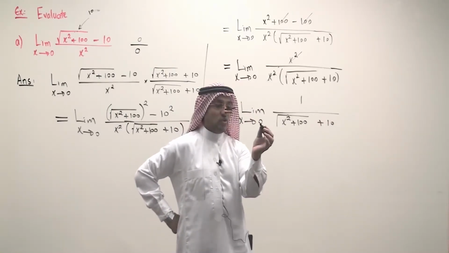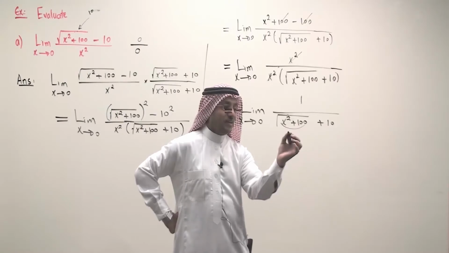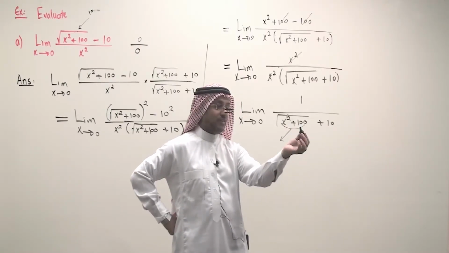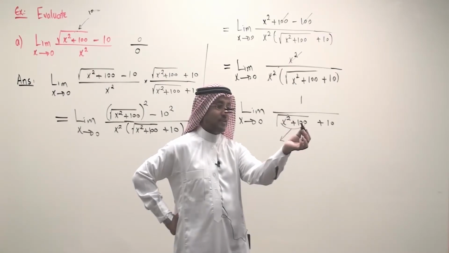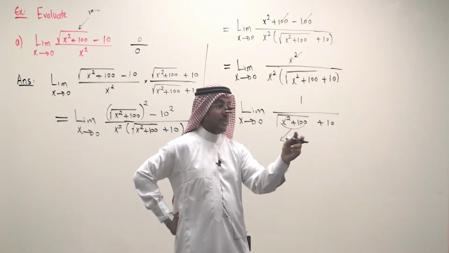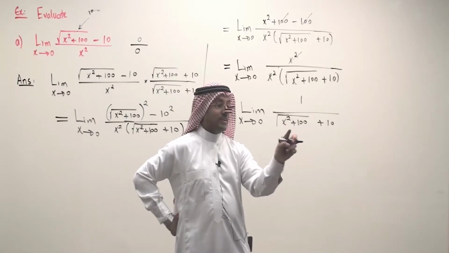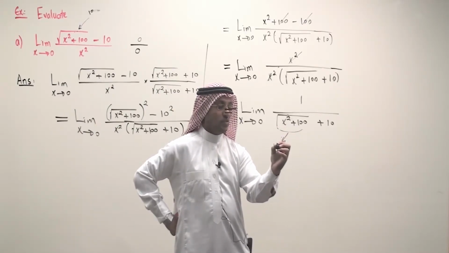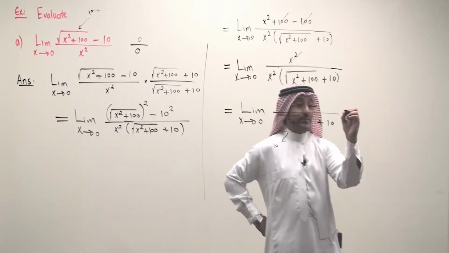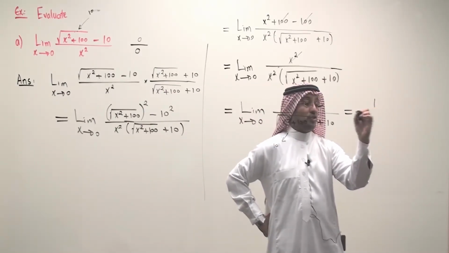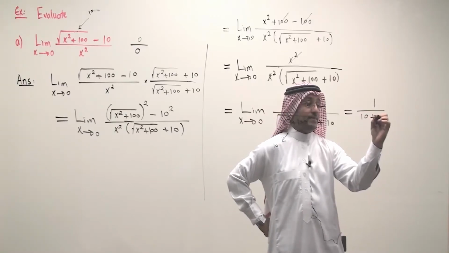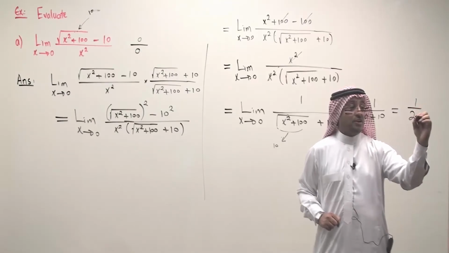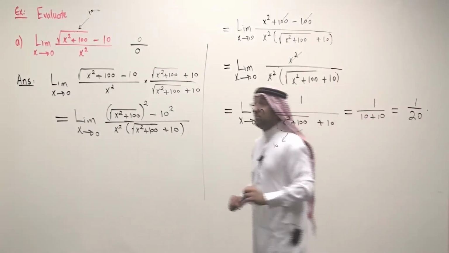Let's see now. As x goes to 0, the inside quantity goes to 100, right? Because 0 plus 100 is 100. And the root of 100 is going to be 10. So this goes to 10. So this limit is going to be equal to 1 over 10 plus 10, which is 1 over 20. So simple.